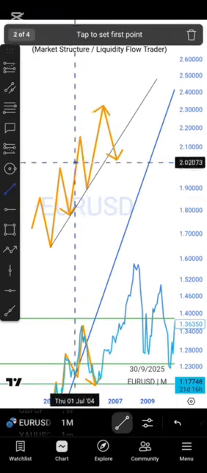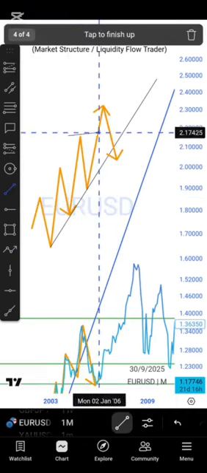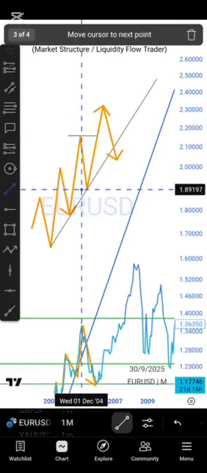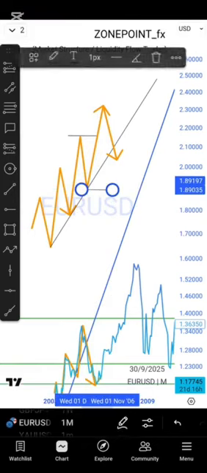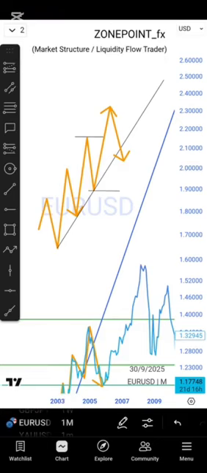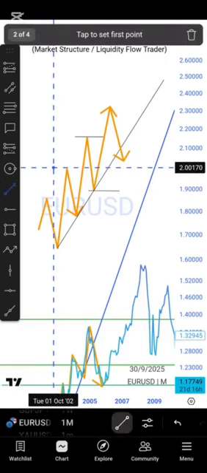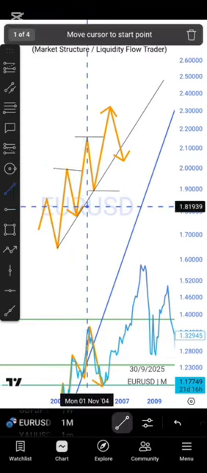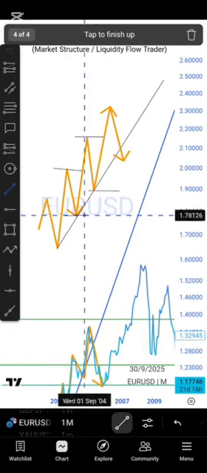This is our swing high, which is a higher high. This is our swing low, which is a higher low. This is another swing high, which is a higher high. This is another swing low, which is a higher low.